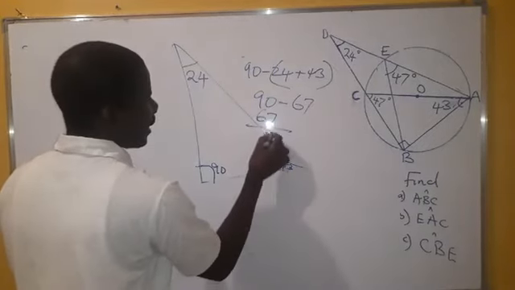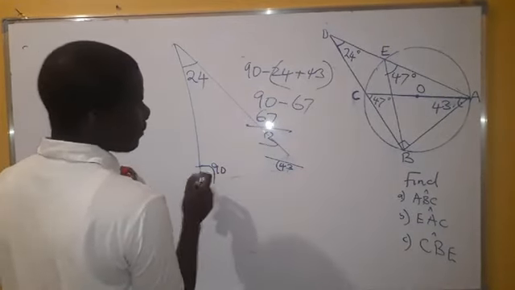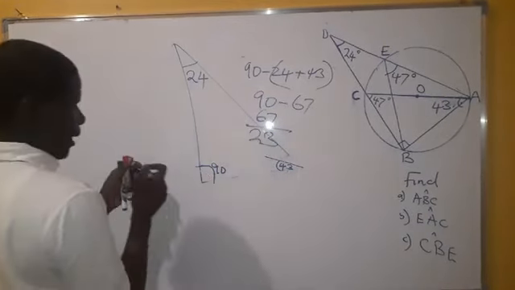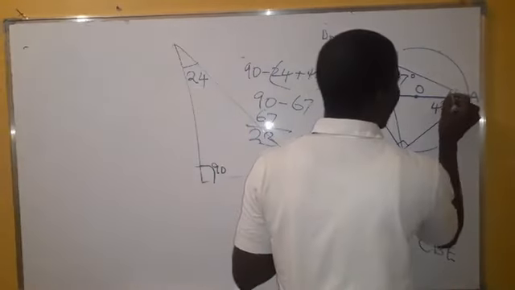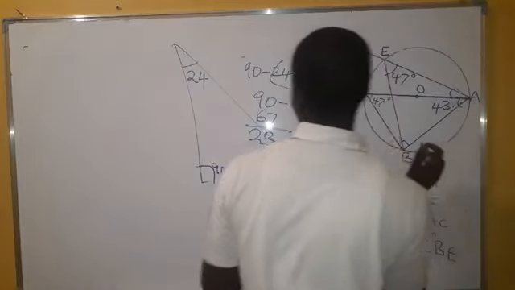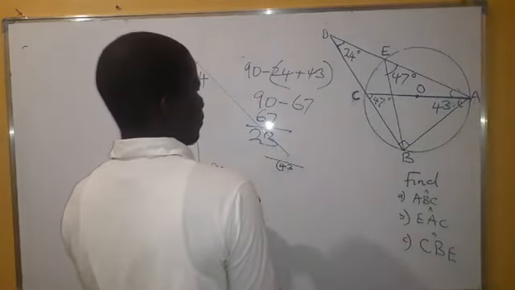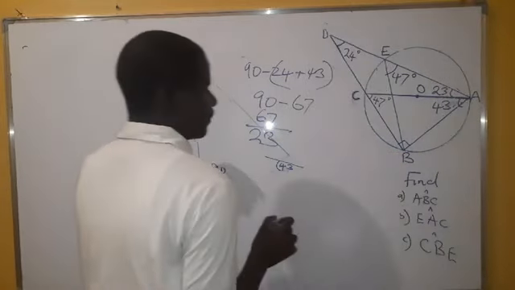What are we getting? 23. Okay. So what does this tell us? This part here is 23.